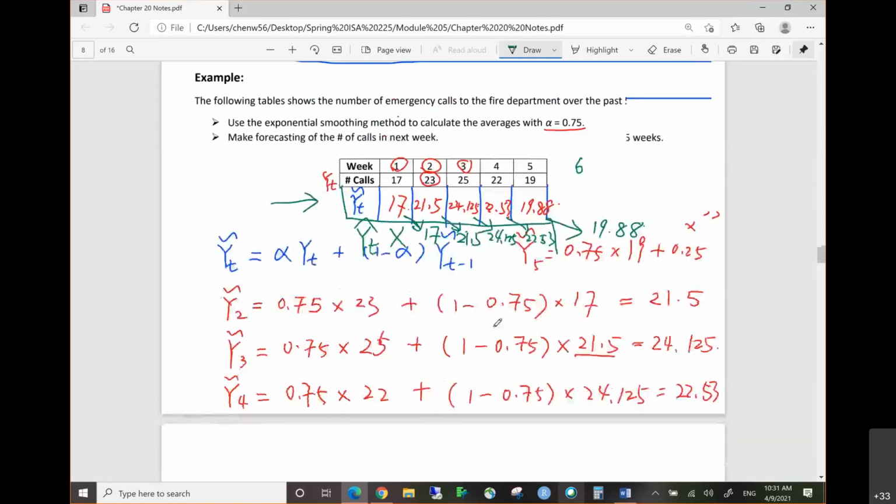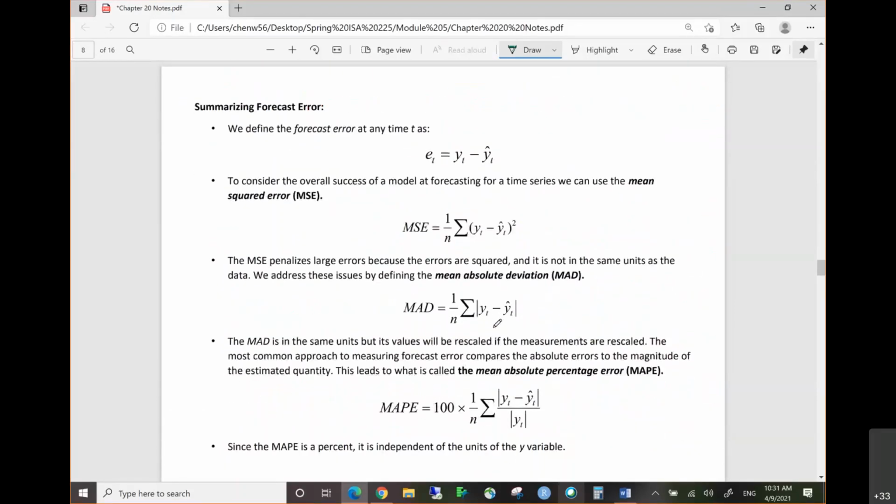To summarize our prediction or forecast error, we just use the residual, which is what you observed minus what you predicted. And in regression, we usually use the MSE to summarize all the residuals for every observation.